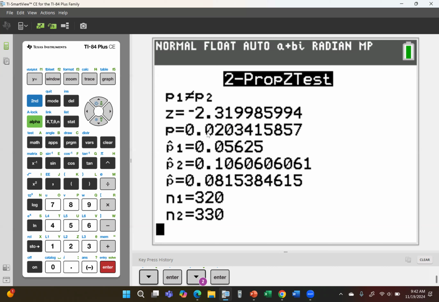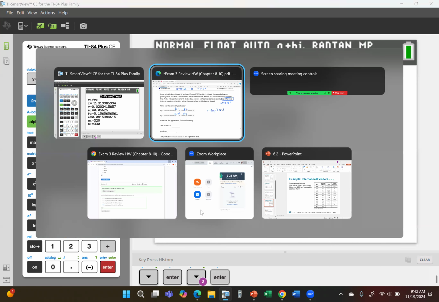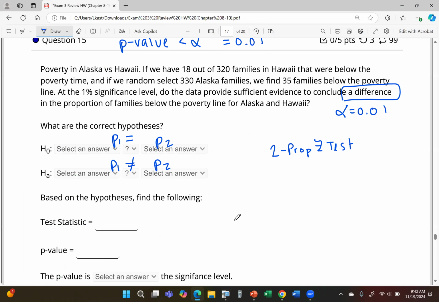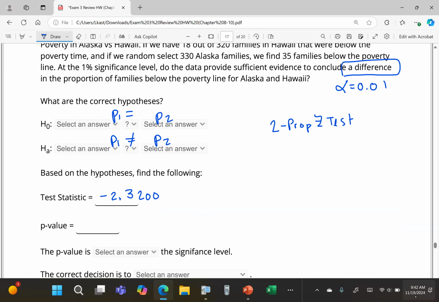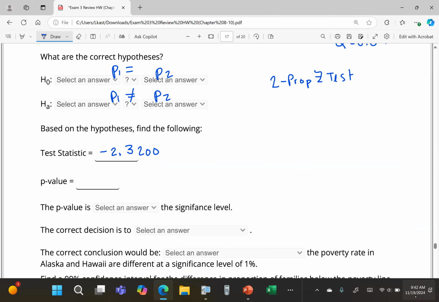The p-value to 4 decimal places would be 0.0203. So let's go input that information. So my test statistic was negative 2.3200. My p-value was what?